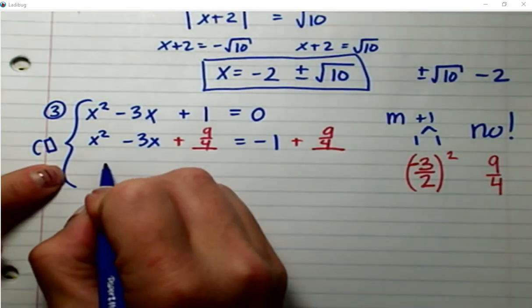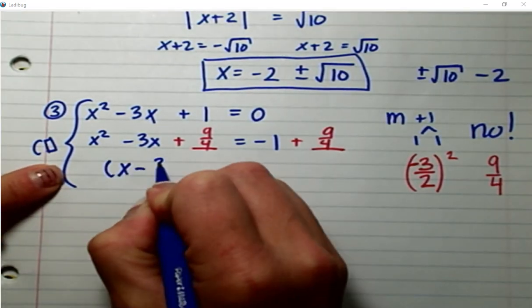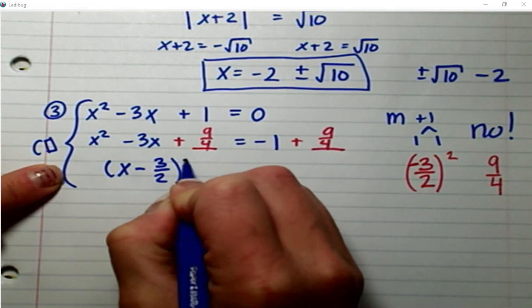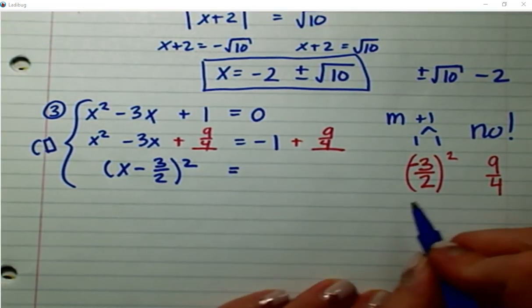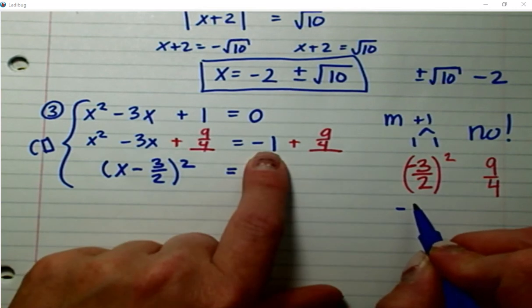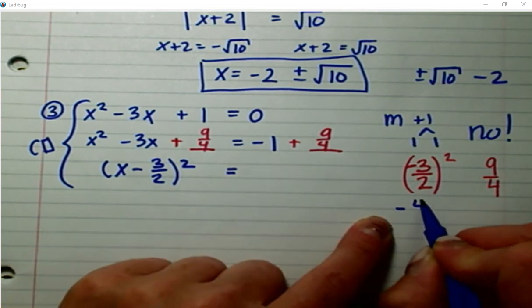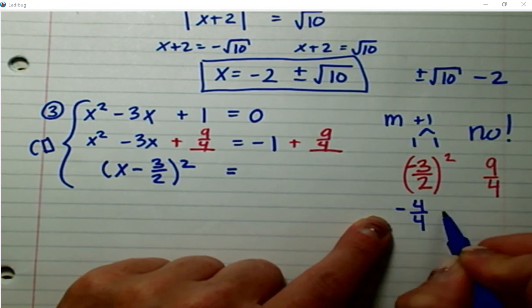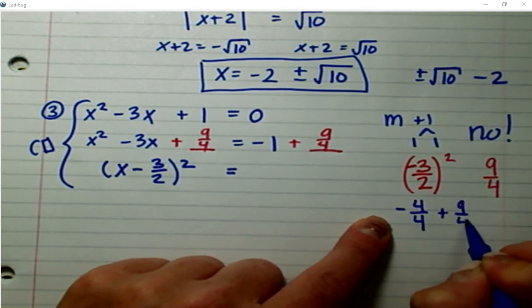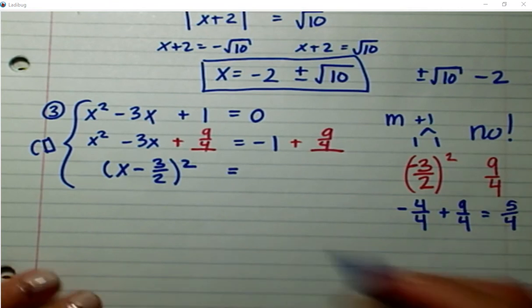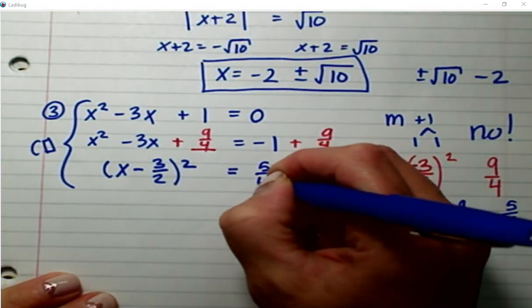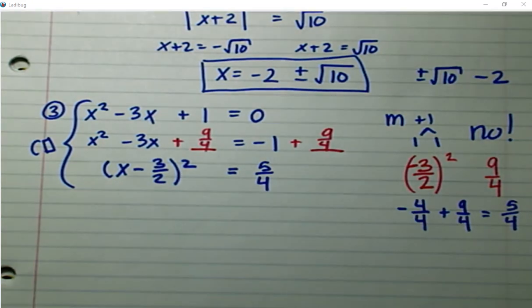Okay, so then we're actually going to complete the square. Maybe I do a little bit of scratch work over here. This is actually negative 4 over 4 plus 9 over 4, which is 5 over 4. Notice that completing the square comes down to the square equal to a number every time.